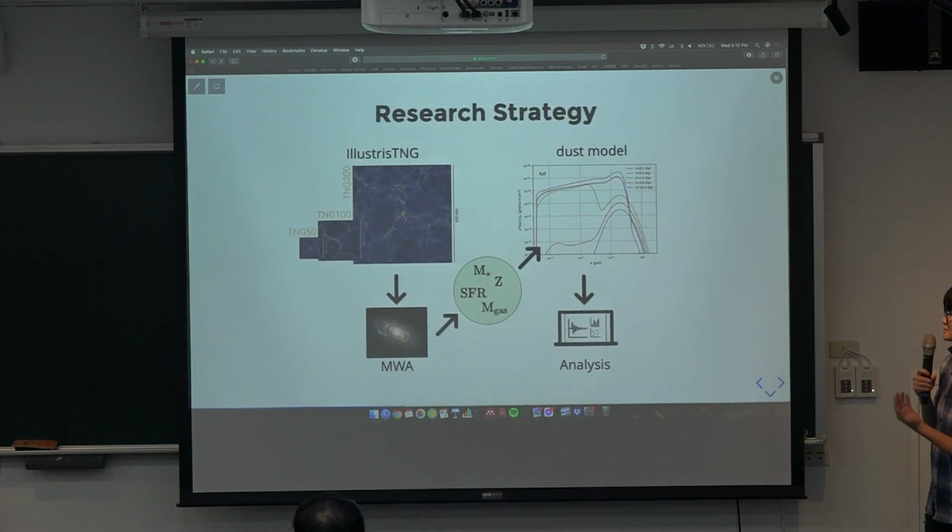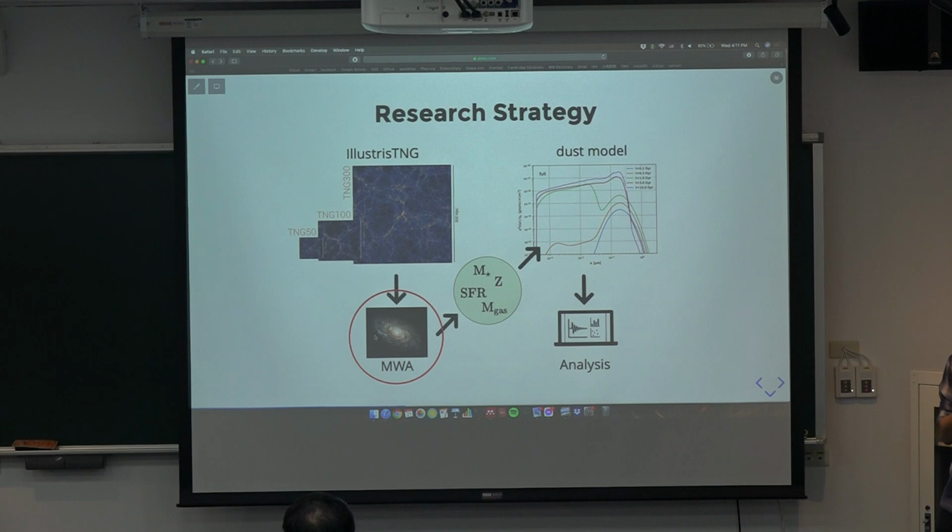So here I'm going to show you my research strategy. First, I select some galaxies, in this case the Milky Way analogs from IllustrisTNG. I chose the maximum simulation volume, the TNG300.